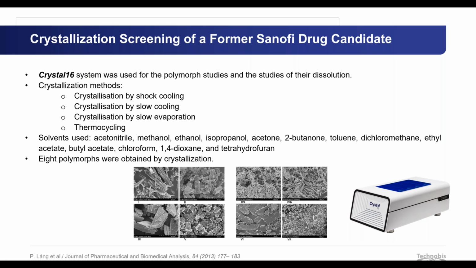I always remember the quote of Macron that said many years back, which I tend to refer to every time I have a presentation related to polymorphism and crystallization: the more time and money you spend on a compound, the more polymorphs, in other words, actually not his exact words, you will find.